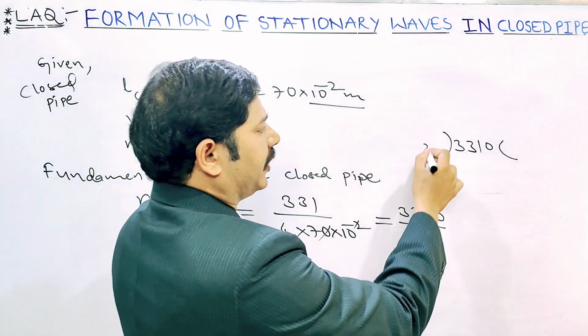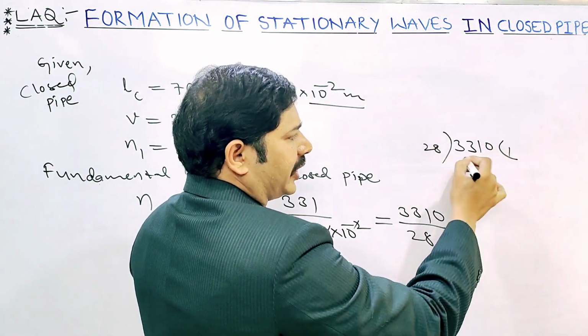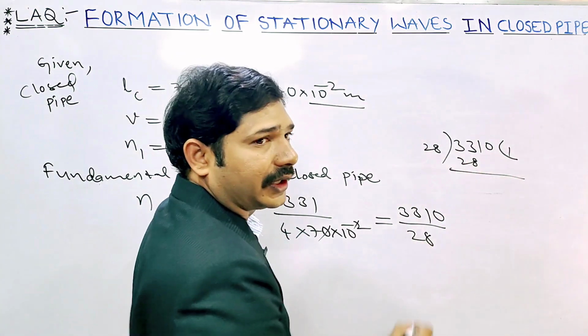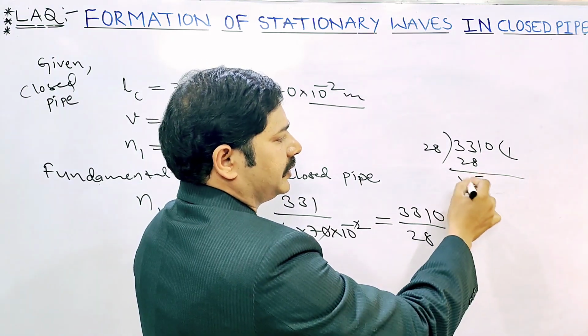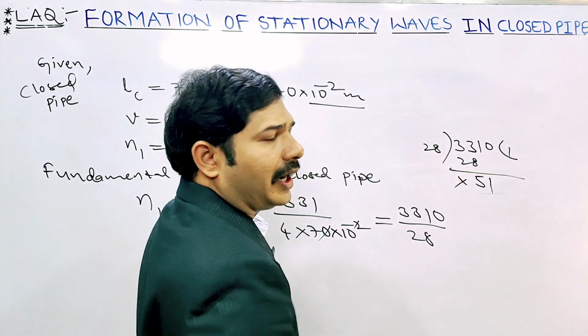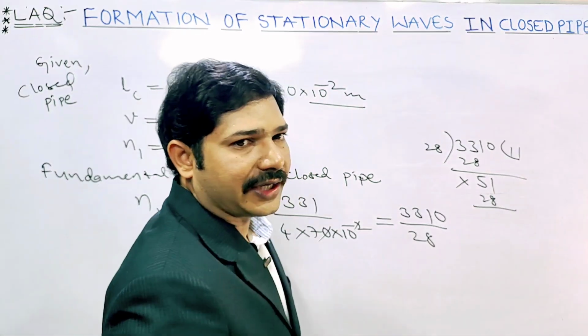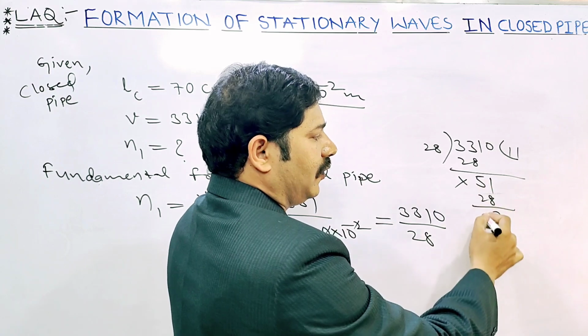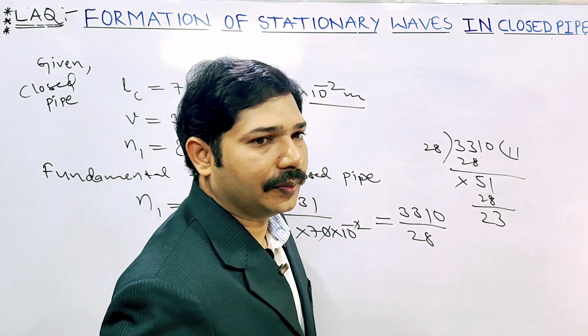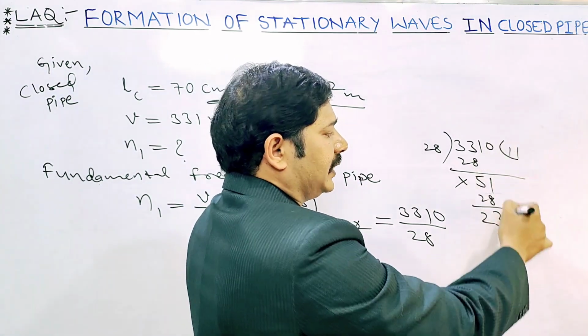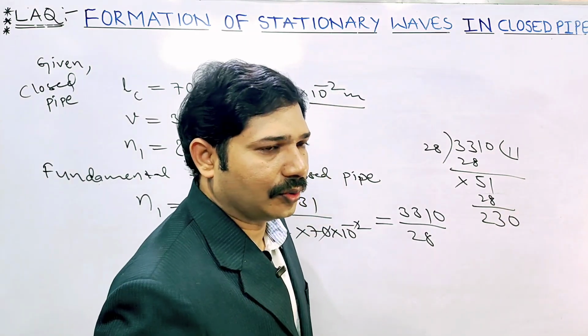3310 divided by 28. So 28 ones are 28. 33 minus 28 is 5, bring down 1. Again 28 ones are 28. 51 minus 28, how much? Yeah, 23. Here I am taking the final 0, 230.